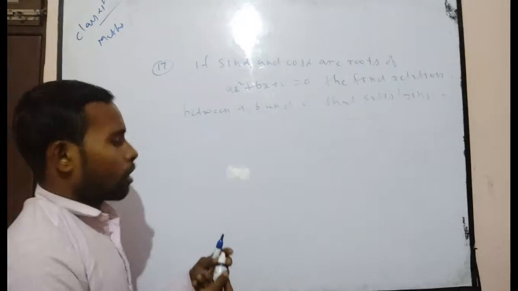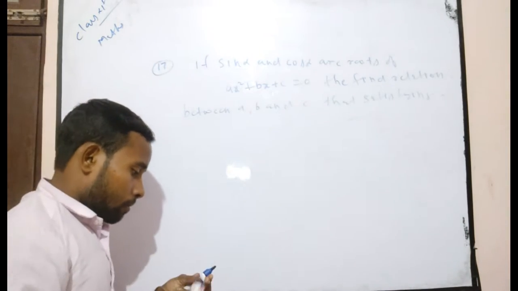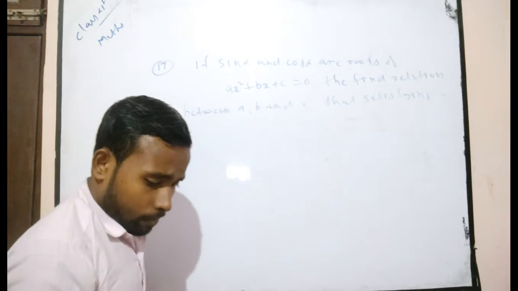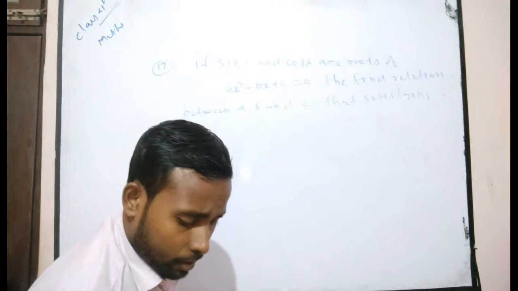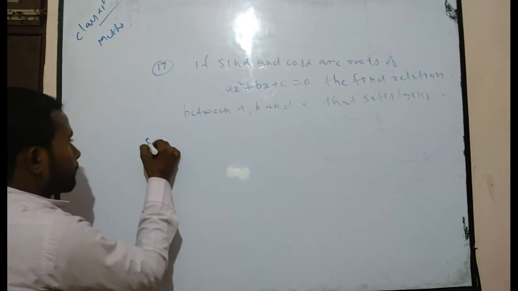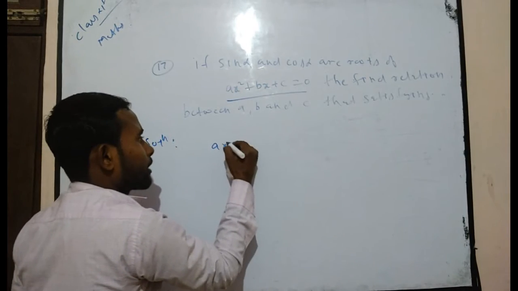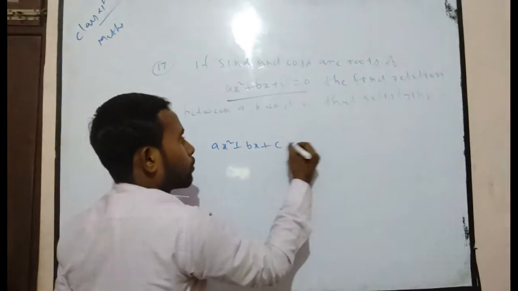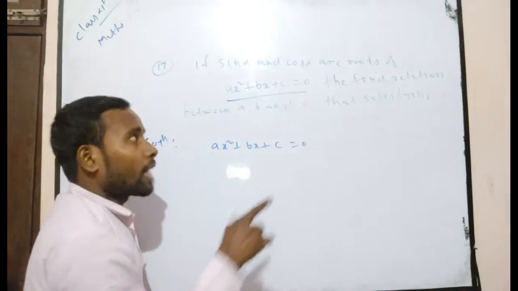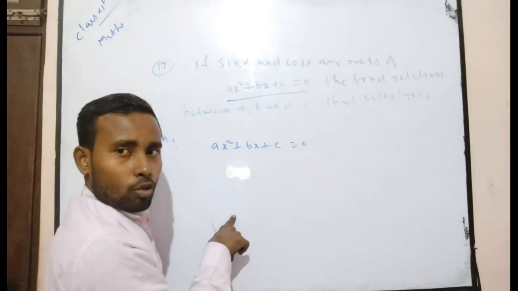First of all, this is very simple. As you know, it is a quadratic equation, that means ax square plus bx plus c is equal to 0. Sin alpha and cos alpha are the roots of this quadratic equation.